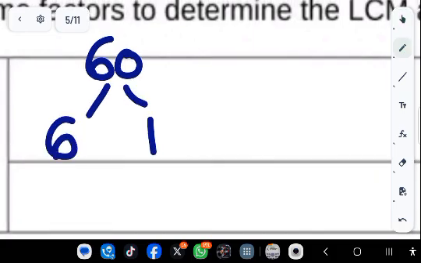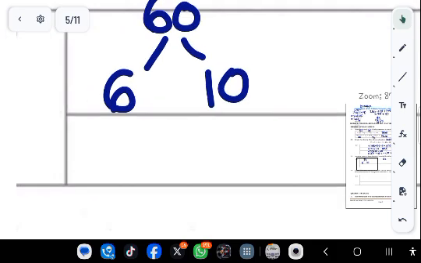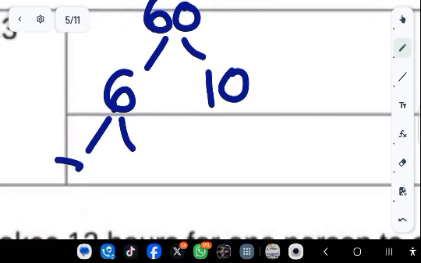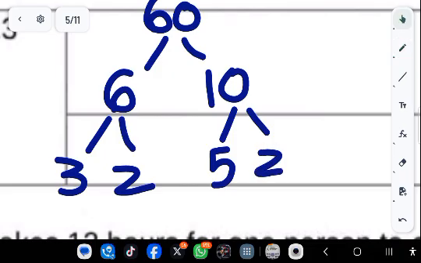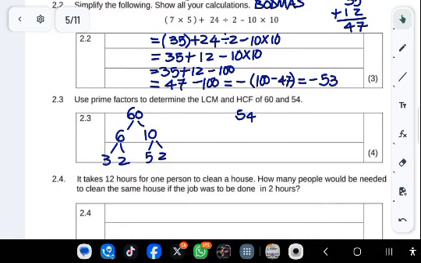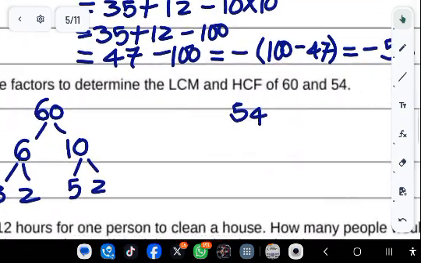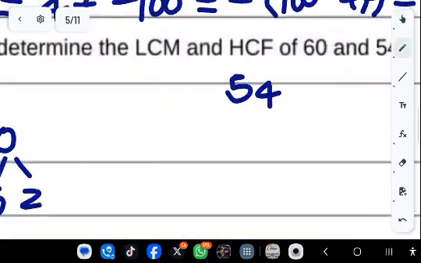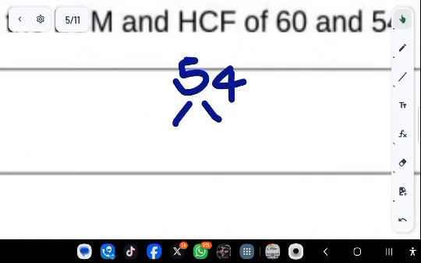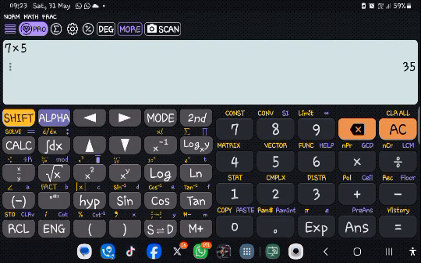So we're going to make this quick and go 6 times 10. That is 3 times 2, and this is 5 times 2. So here are the factors of 60, and there are the factors of 54. 54, let's see, divided by 7?